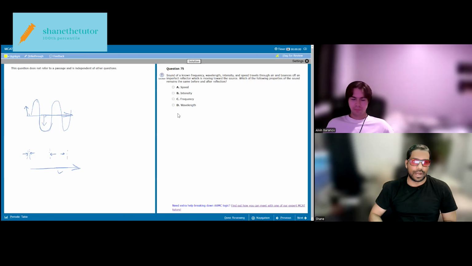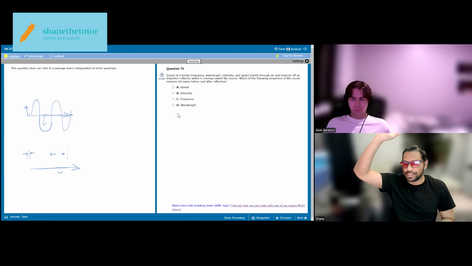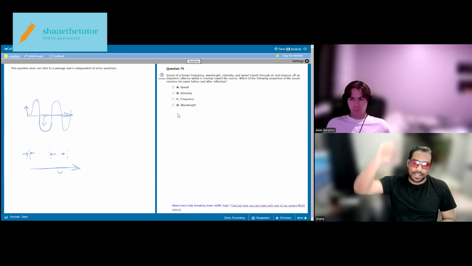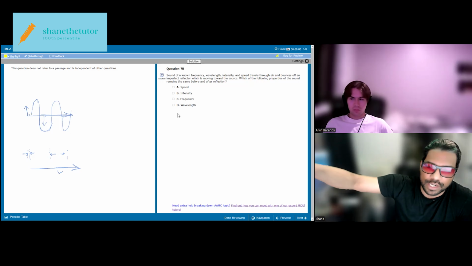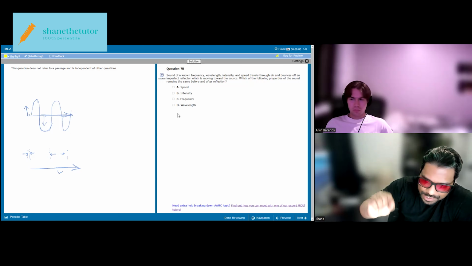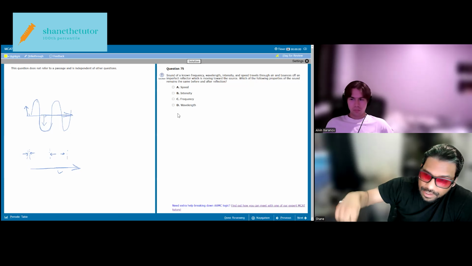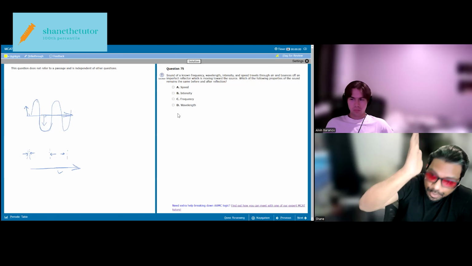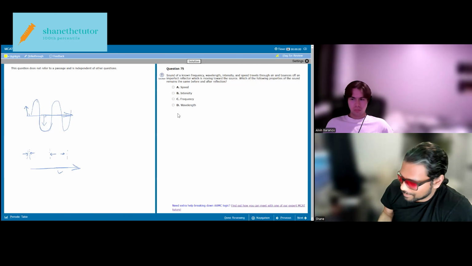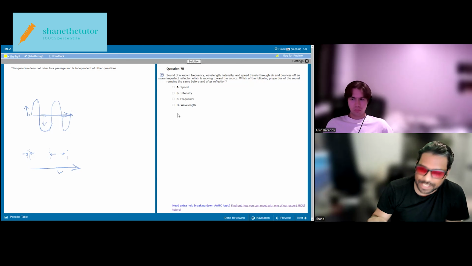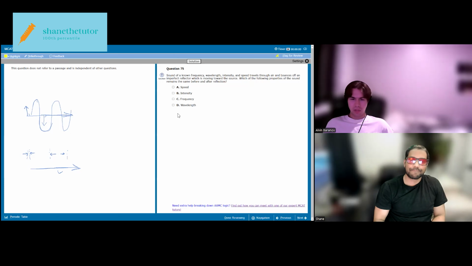Whereas a transverse wave is more like if you drop a pebble into water. The wave will move in a certain direction, but the ripples that you see in the water are perpendicular to the direction that the wave is traveling, right? That makes sense.